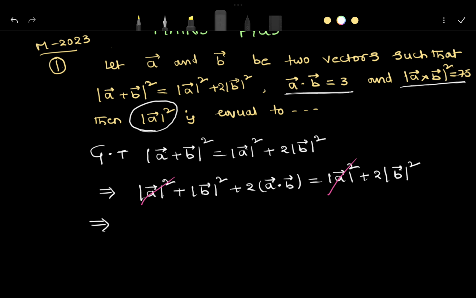So modulus of b bar whole square is equal to 2 into a bar dot b bar.